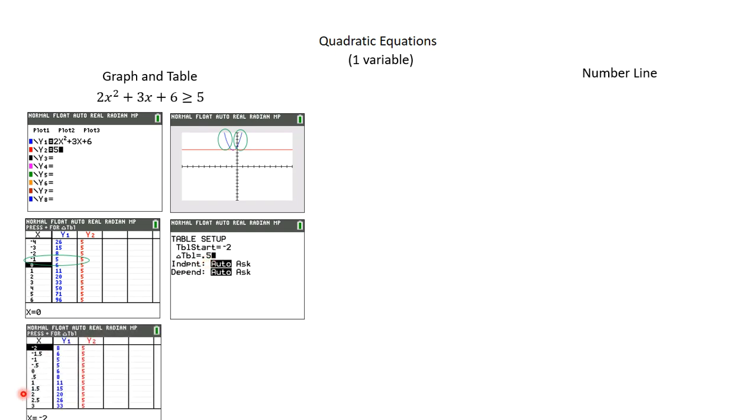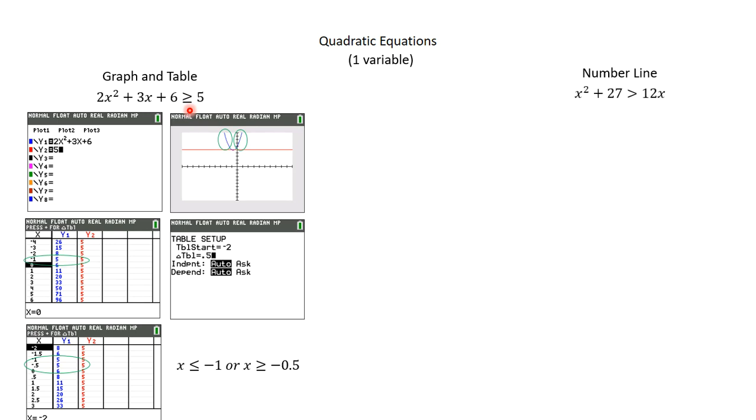And we can look at the table, and we see, okay, so at -1 it works, and at -0.5 it works, and look, it's bigger on all of these numbers too. So as long as we're less than -1 or bigger than -0.5, we should be good. So x is less than or equal to -1, or x is greater than or equal to -0.5. The 'or equal to' is because the problem had 'or equal to.' That does not change.